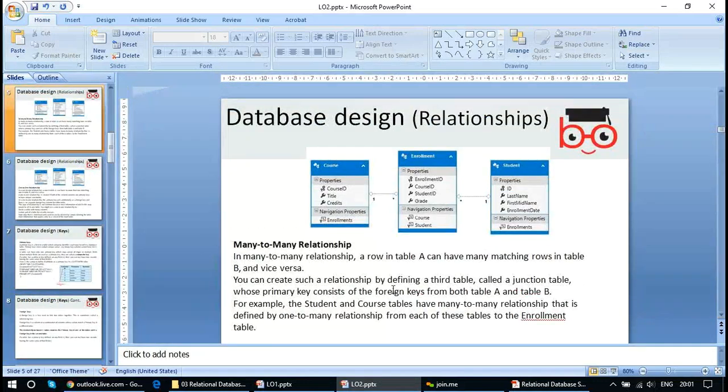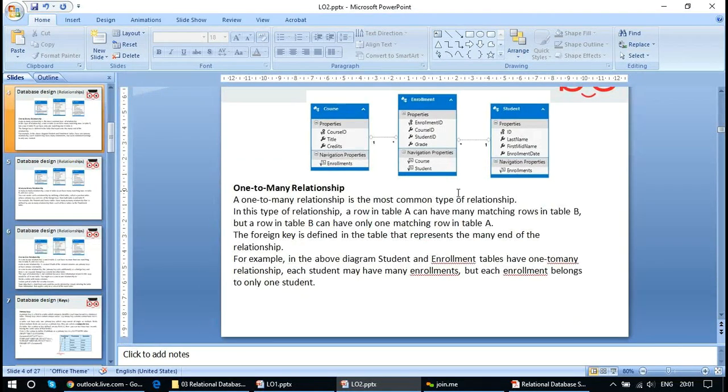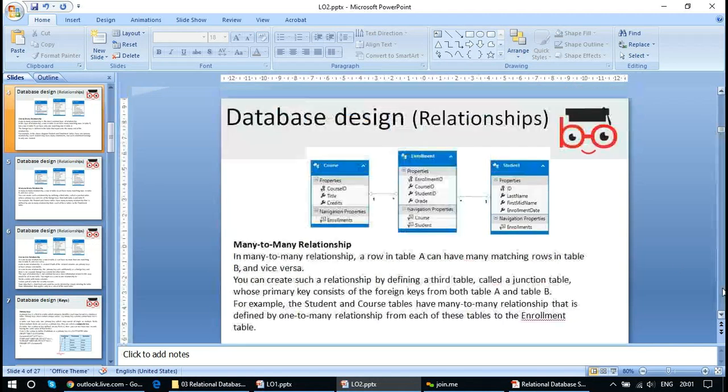Here is some definition about one to many, like one course enrolled into many times. Many to many is only possible when you create a third entity in between the course and student.